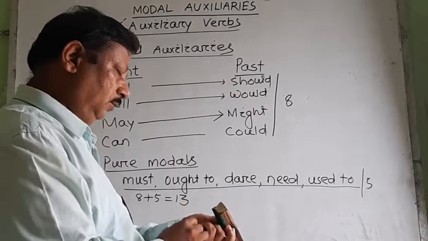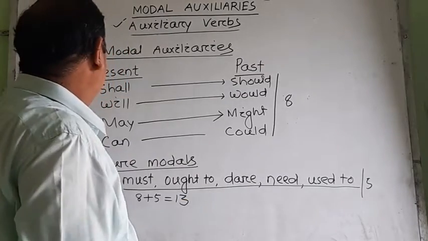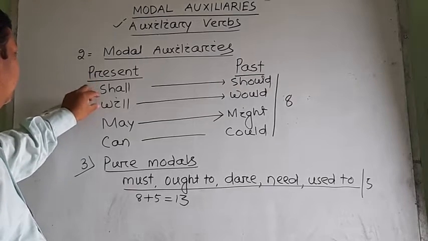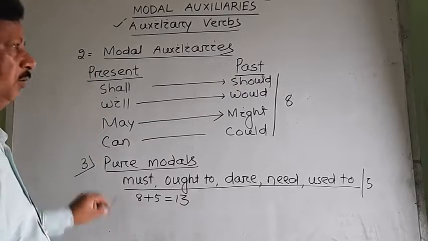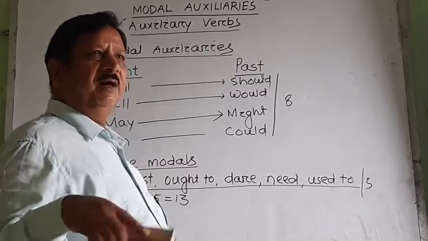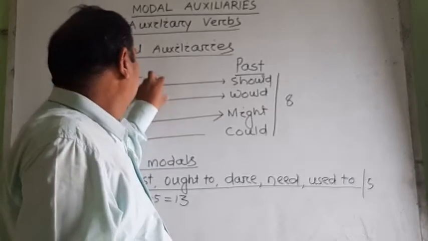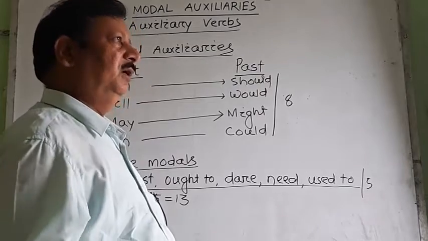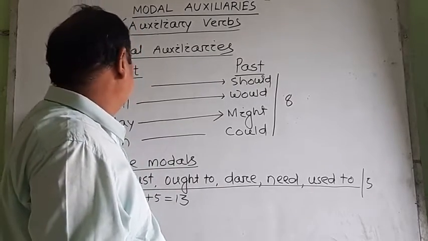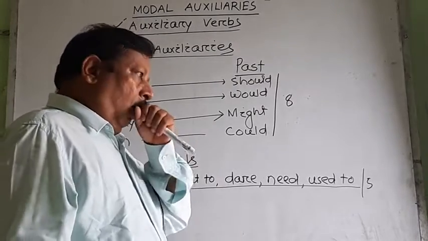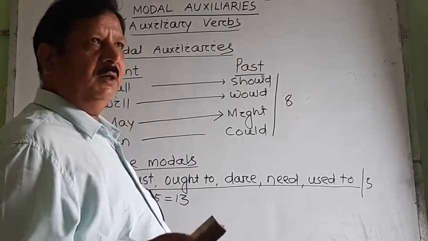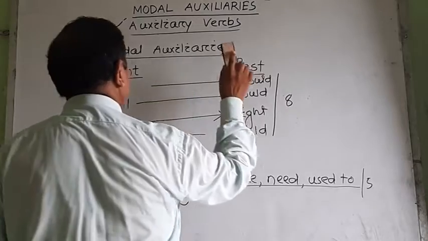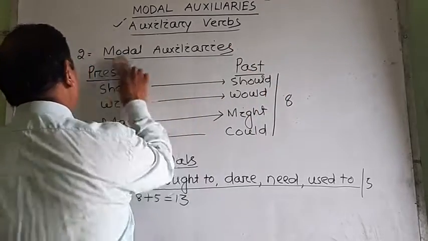So let us now continue, beginning with the use of shall, then will, then may, can. So part by part, I shall just give you the hints regarding the use of all such things, and I hope that you will be sincere enough to make notes about them.